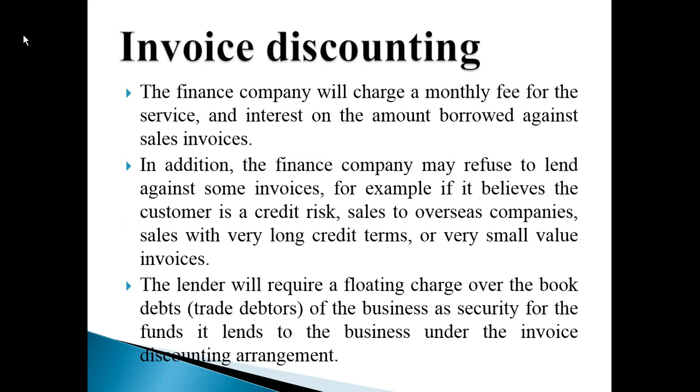So the finance company will charge a monthly fee for the services and interest on the amount borrowed against the sales invoice. So basically, in invoice discounting, the company will be borrowing against its sales invoice.